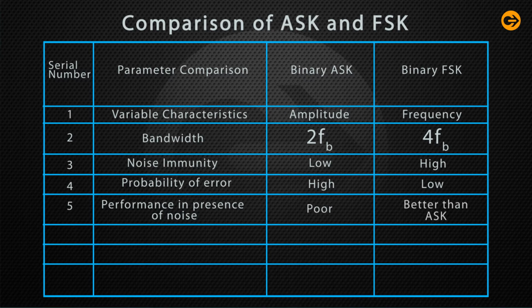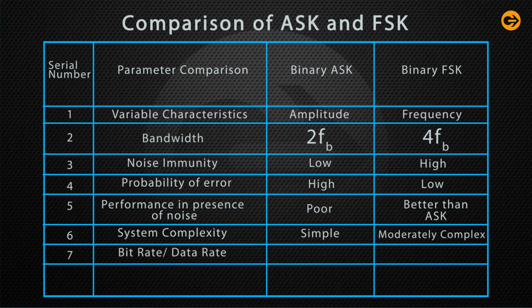Now let us discuss the system complexity. The system complexity of the ASK is simple because of the block diagram and the input and output. But in case of the FSK, it is moderately complex. Now let us discuss bit rate or data rate.